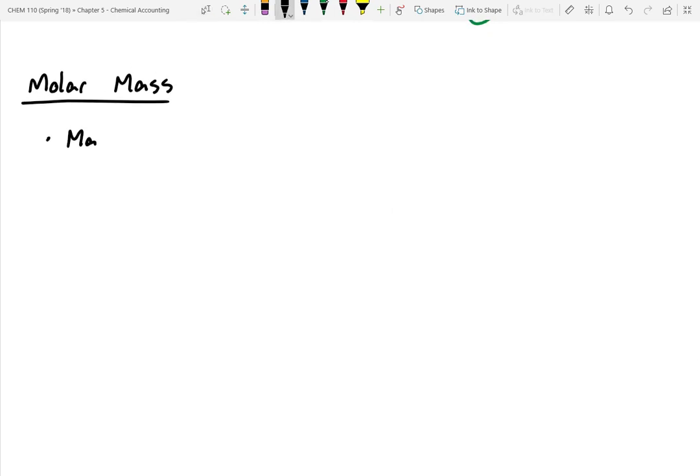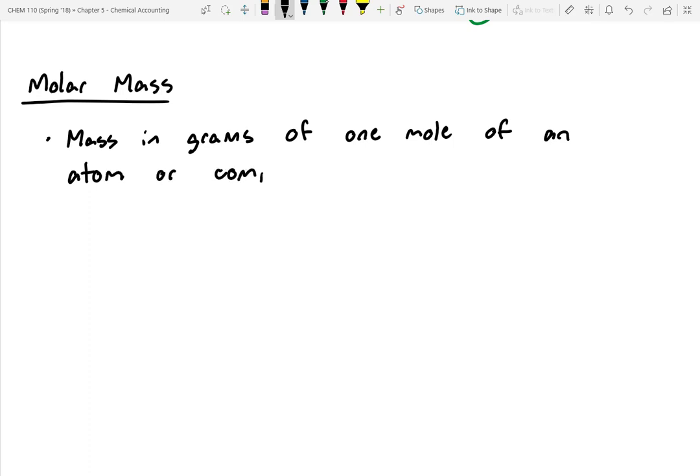It's the mass in grams of 1 mole of an atom or compound/molecule.